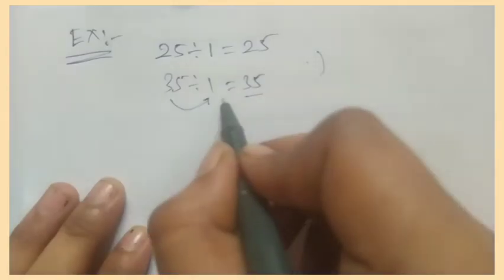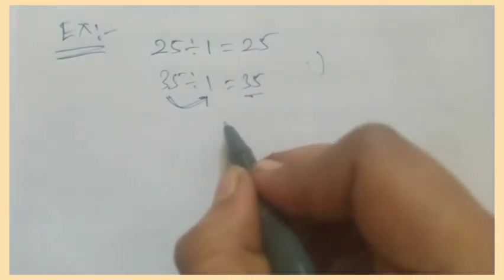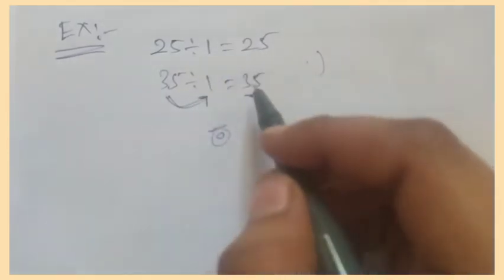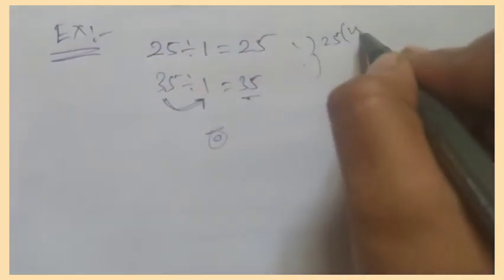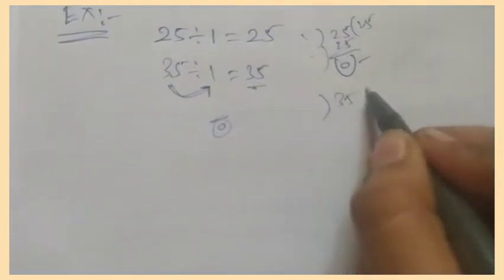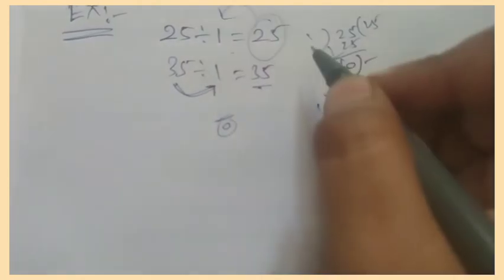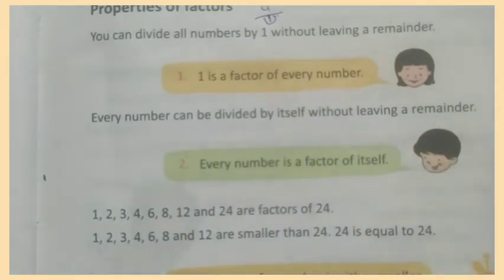Means we can divide any number by 1, and we will get remainder 0. 1 twenty-fives is 25, remainder 0. 1 thirty-fives is 35, so you will get remainder 0. So 1 is a factor of every number.